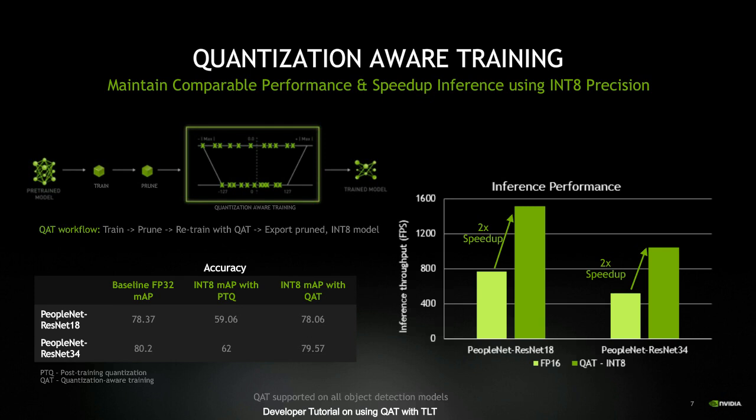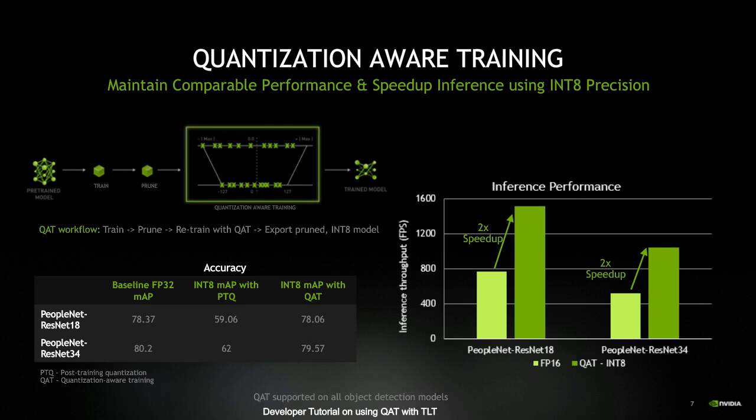With the QAT feature of TLT, quantization error is accounted for during the training step, so that when you export an Int8 model, the error is significantly less. This provides comparable accuracy on an Int8 model as a floating point model. With QAT in TLT, developers can achieve up to 2x inference speedup without sacrificing accuracy.